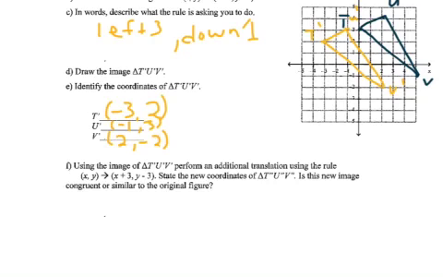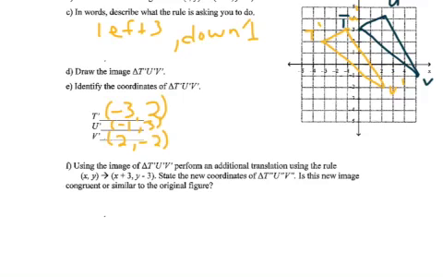Then for part F, we are now going to use this figure, and we are going to follow this rule to do our new translation. And we have to state our new coordinates with the double prime. So right now, I want you to follow this rule. I'm going to change my color.